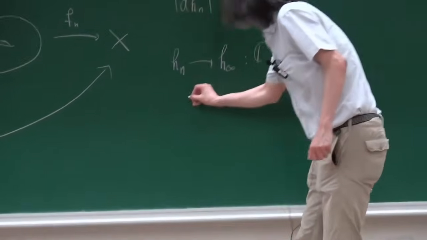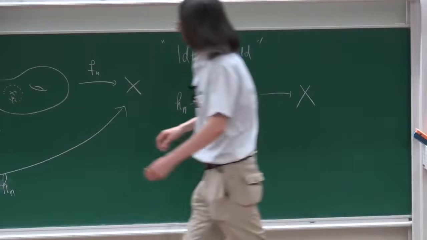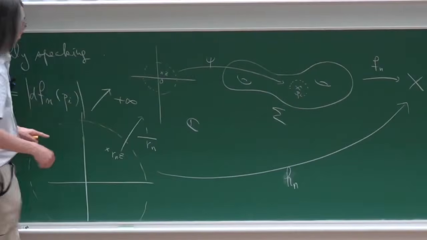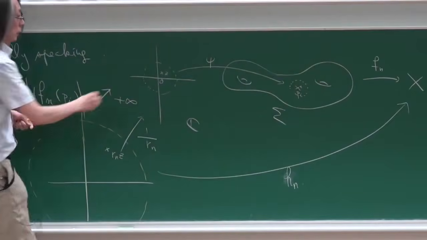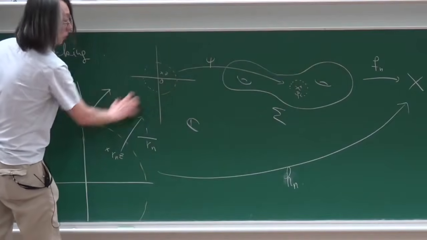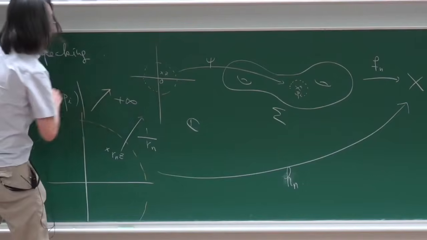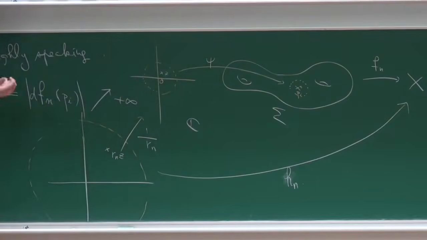And then after that, we also look at the energy of this. The energy of this Hn is the same as the energy of this Fn composed with psi, because if you change the domain by conformal mapping, then the area form is multiplied by some scalar squared, and the derivative of this mapping is multiplied by 1 over the scalar, but we take energy, that means integral.